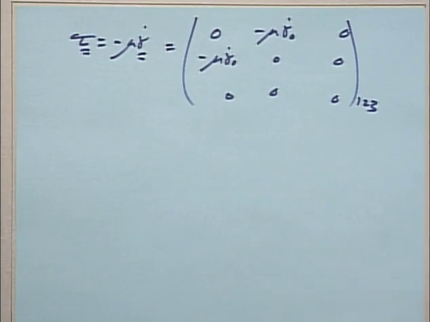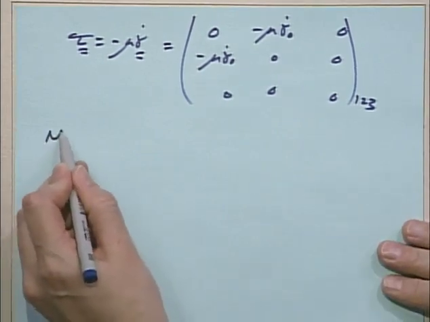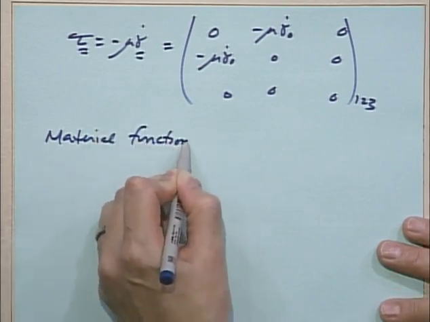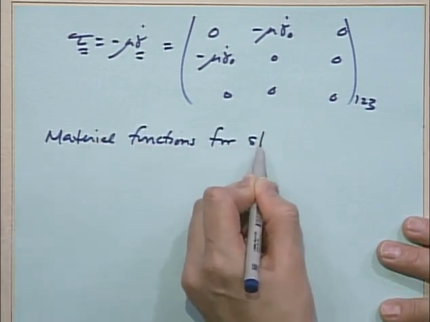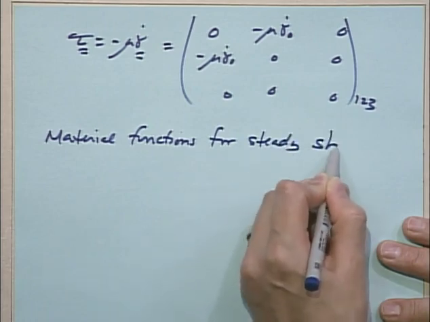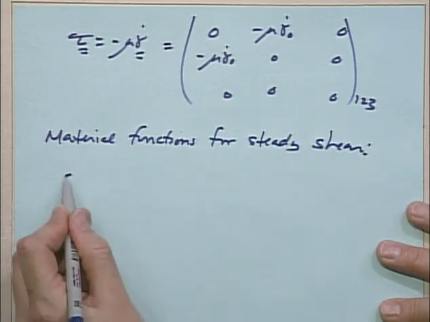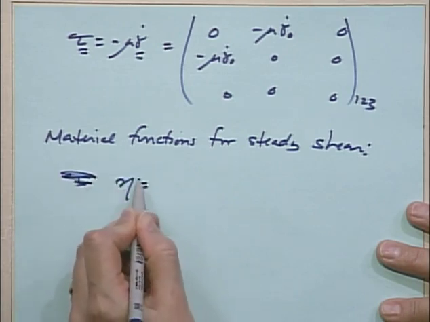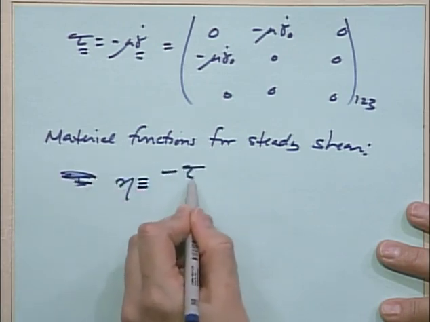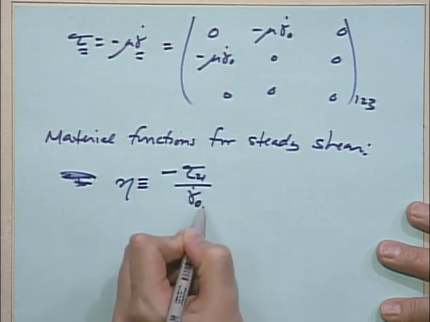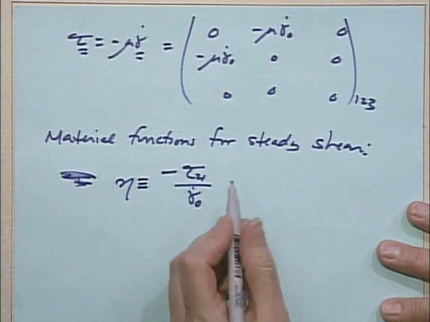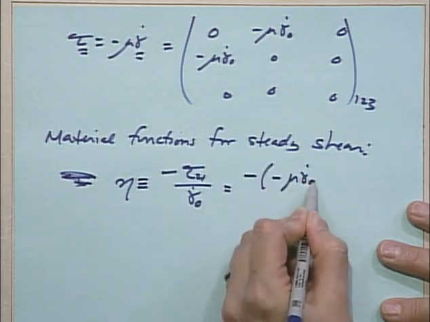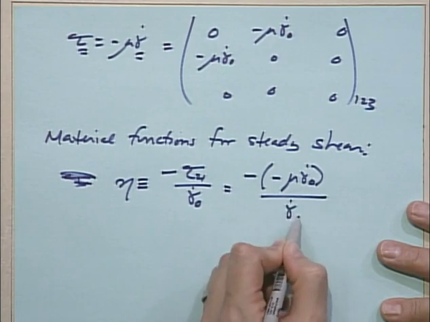Now we go and we get the definitions of our material functions. And we use the definitions. Viscosity is defined as minus tau21 over gamma dot naught. Gamma dot naught is a parameter of the steady shear flow.